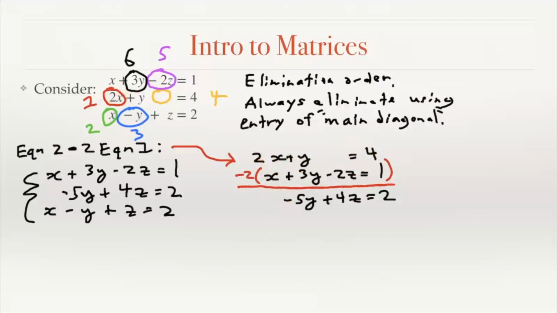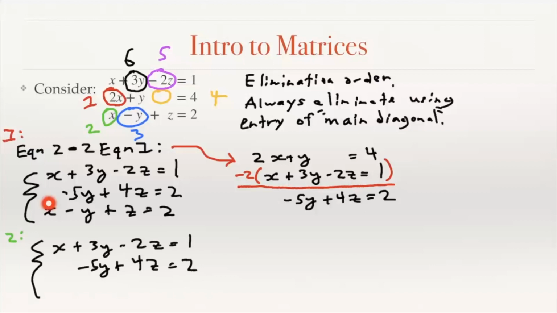So now we move on to step 2. Now equations 1 and 2 are unchanged, and we're going to be modifying equation 3. Okay, so we want to get rid of that x, and we always want to use the entry of the main diagonal above or below it. So in this case, it's using that x there. So how can we get rid of that x using that x? Well, a simple subtraction.